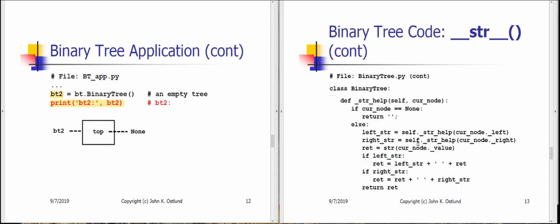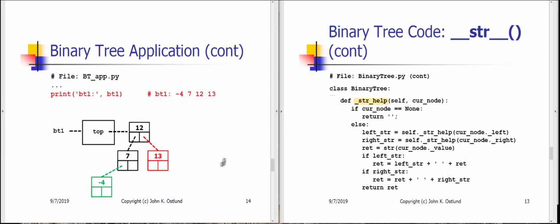Here on slide 13 is the remainder of the _str help recursive function, in which we have the part of code that we need for handling a non-empty tree.